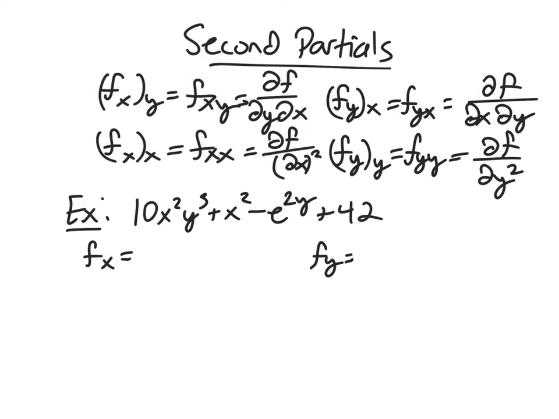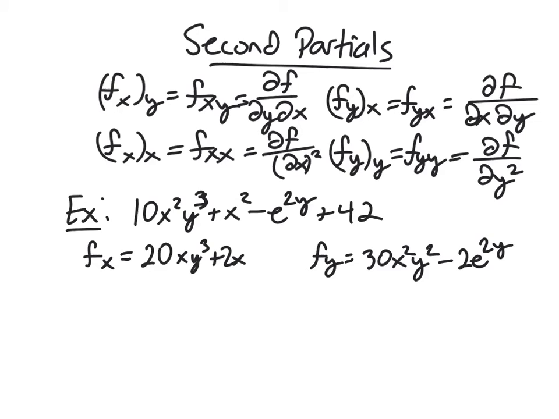So the first thing we want to do here is just find the actual first partials. So fx, well, we get 20xy cubed plus 2x. The other 2 are constants, so go to 0. Fy, we get 30x squared y squared. Next is a constant. Next one we get minus 2e to the 2y, and then another constant, so those are 0. And then fxx, we just do this with respect to x again.